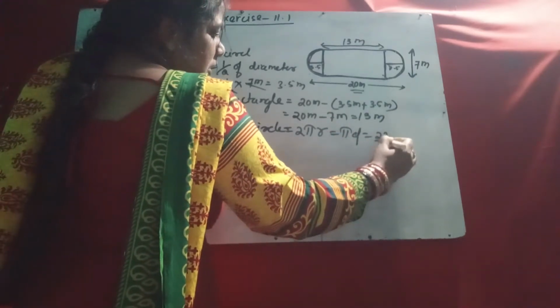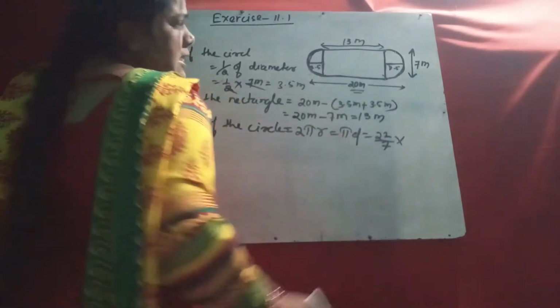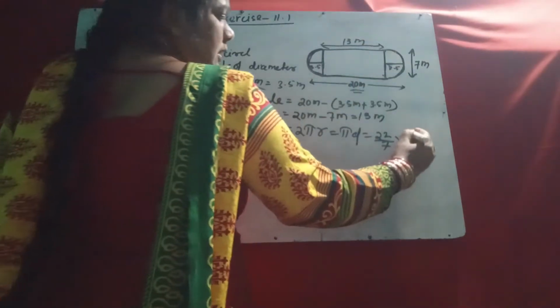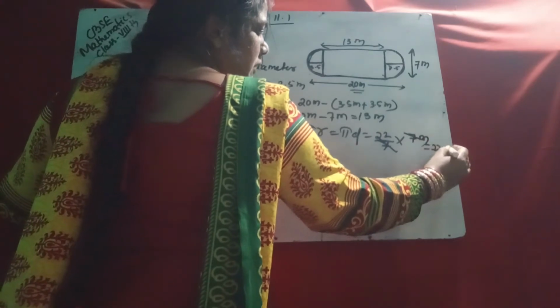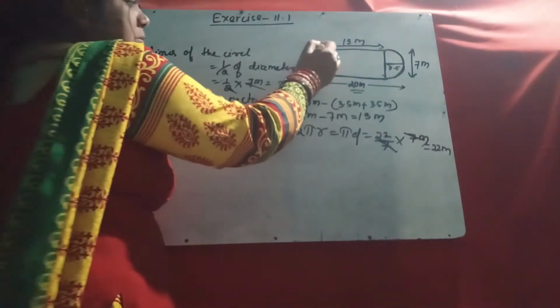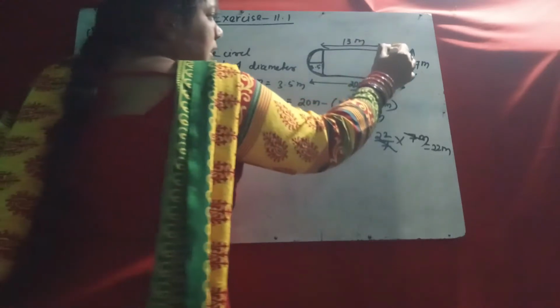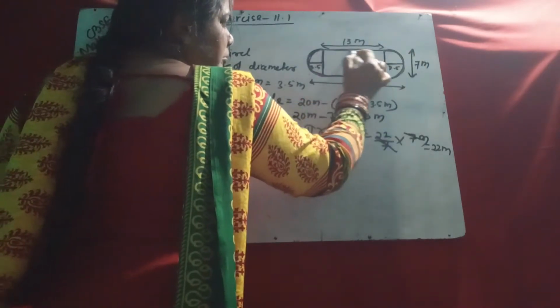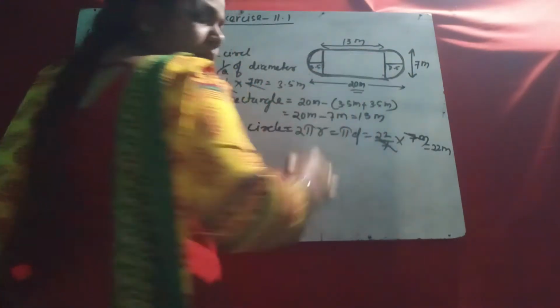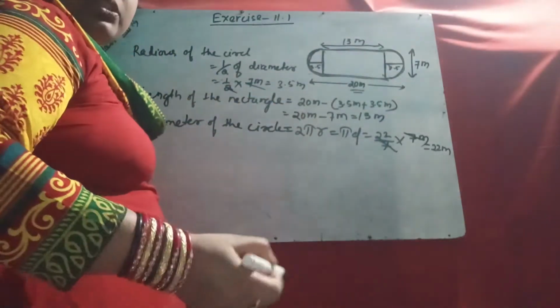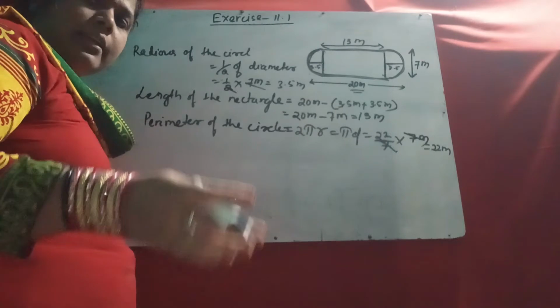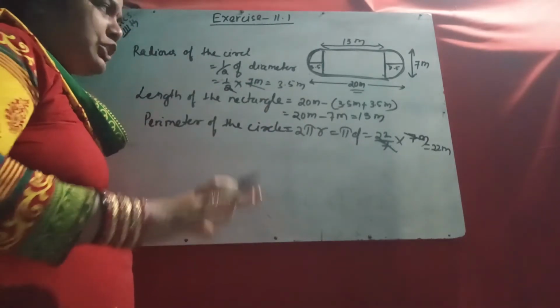Pi is 22 by 7 into d, which is 7 meter. So 22 by 7 into 7 is 22 meter. Perimeter of the circle means this much and this much. Then you have to add the sides of the rectangle, but the width sides are inside the picture, so there is no need to add them to find the perimeter of the picture.